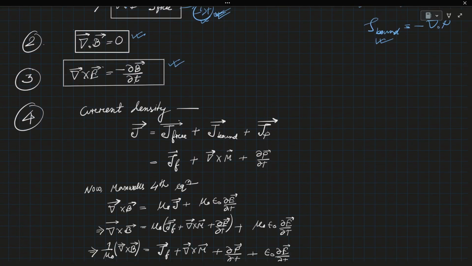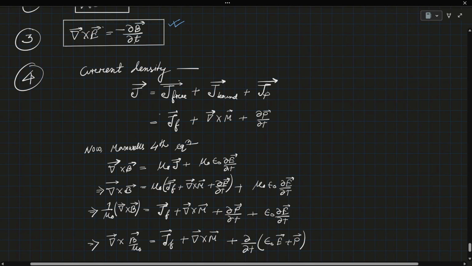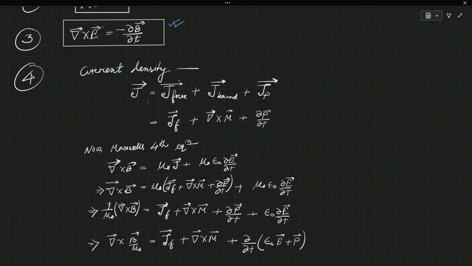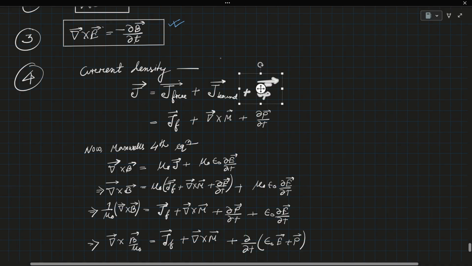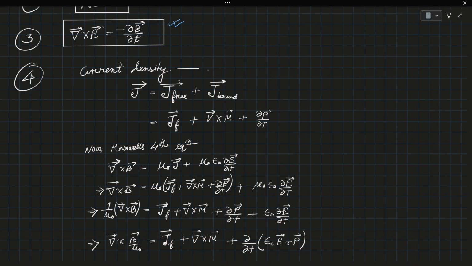Okay, so current density, we represent it by J. Now I can write J as the total current density, and it is the summation of free current density and bound current density.